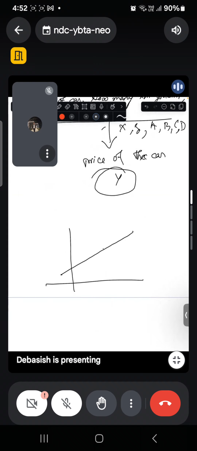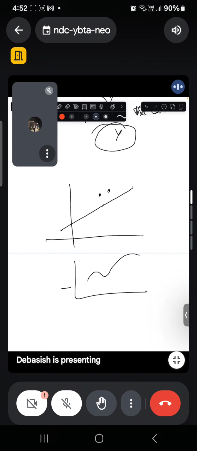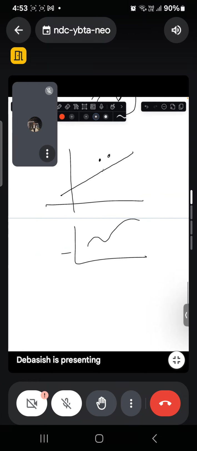Sometimes what might happen, let's say it varies, and this kind of graph we might obtain. So the variable might not be linear, and that is called non-linear regression.